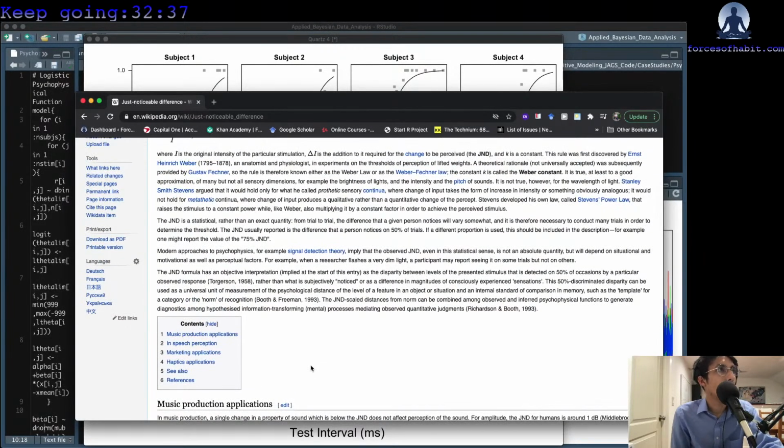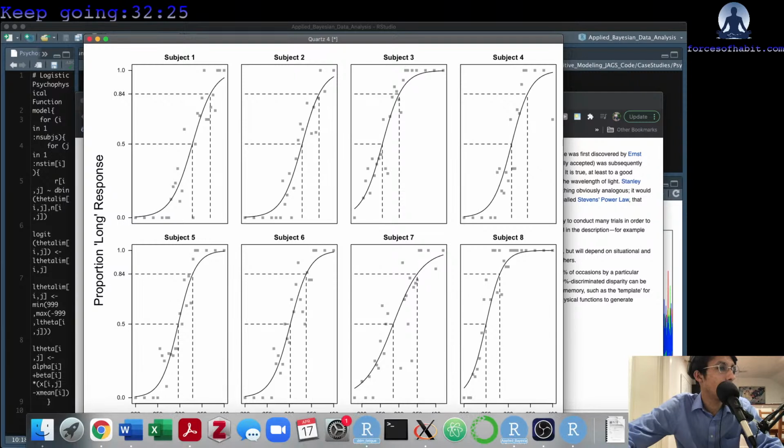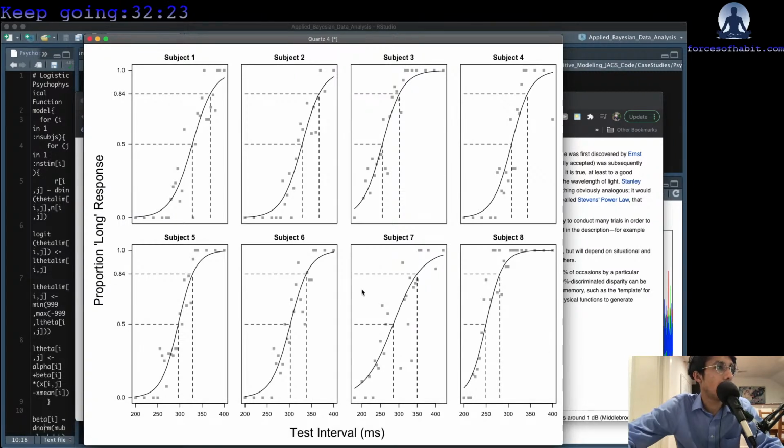We start to note there are just noticeable differences, it looks like, for intervals of sound around 350 here. So the sound has to be this much longer in order for people to indicate that there is a difference between the two sounds that they heard.